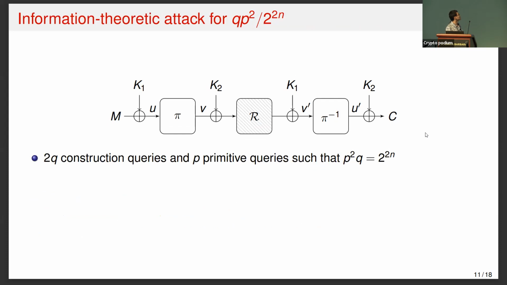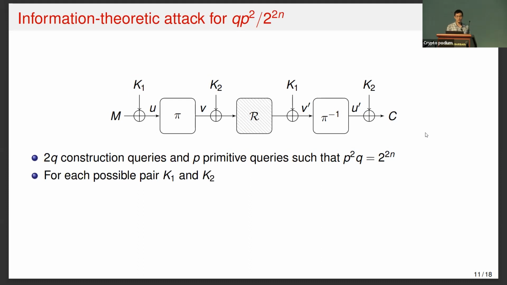the first one is actually the PQ term. This is actually just an information-theoretic attack. Here we need to choose Q construction queries and P primitive queries, so that P squared Q is 2 to the power 2n.